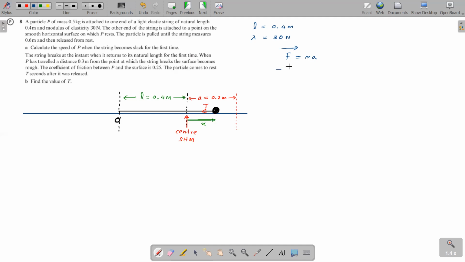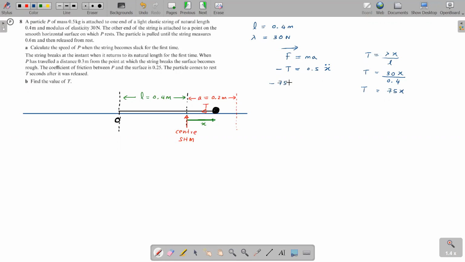So that's minus T equals mass, which is 0.5, into acceleration, x double dot. So tension is lambda x over L. Lambda is 30, extension is x, over natural length 0.4. How much is 30 over 0.4? 30 over 0.4 is 75. So T equals 75x.